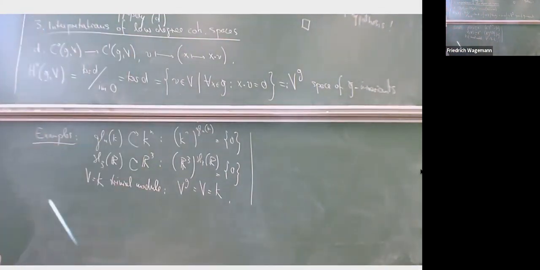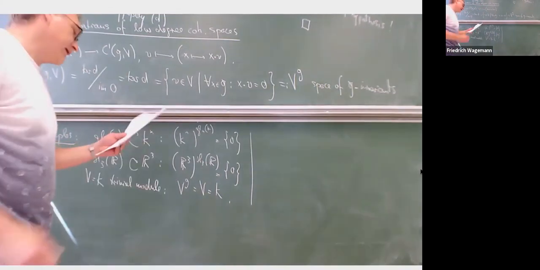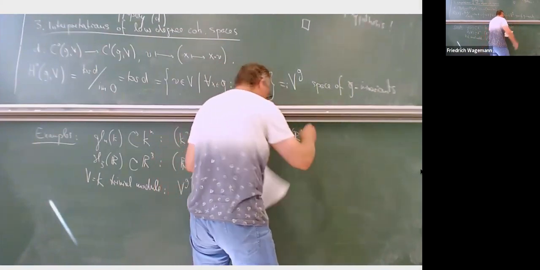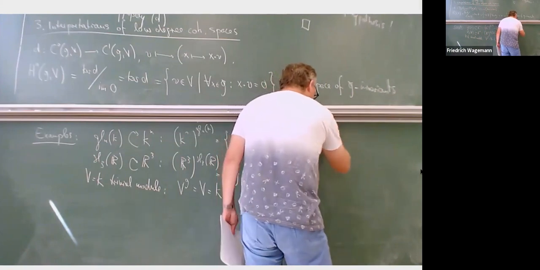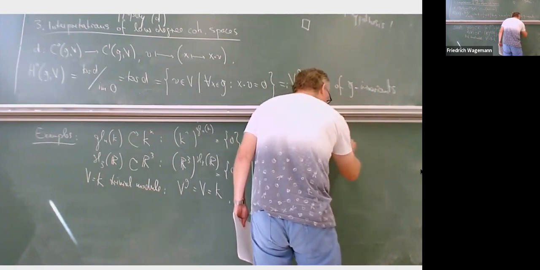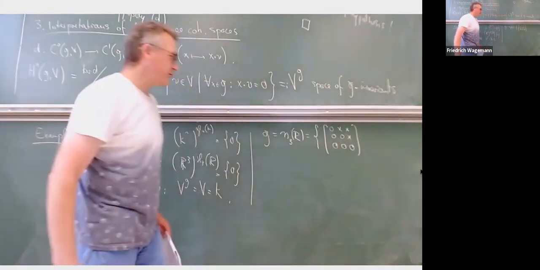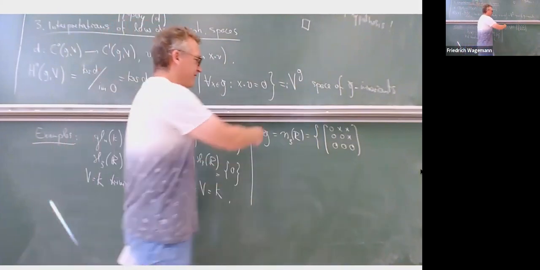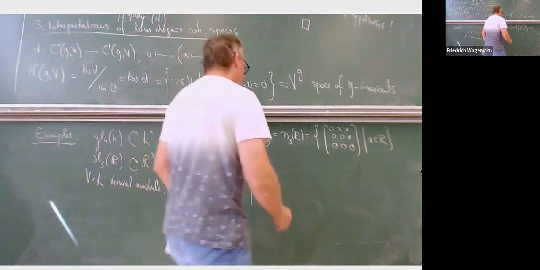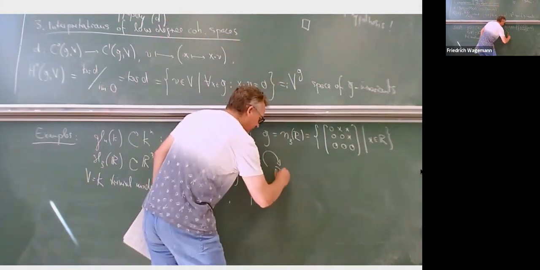Either this or another way to have invariance is to take solvable or nilpotent Lie algebras. So when you take g equal to n_3(R), the strictly upper triangular 3 by 3 matrices with values in R, this is the nilpotent Lie algebra and acts on R^3.